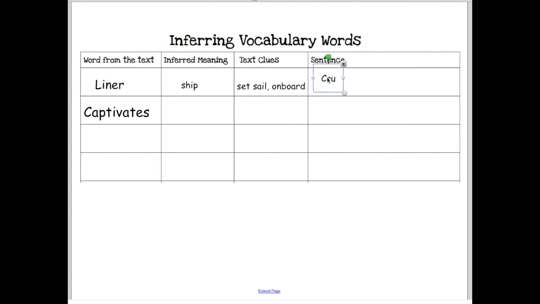So a cruise liner will sail to Mexico, or sail to, let's say, Spain tomorrow. Okay, and then I'm going to just make sure that I highlight liner here so that we know that we have used that word in a sentence. Okay, let's try this one more time.